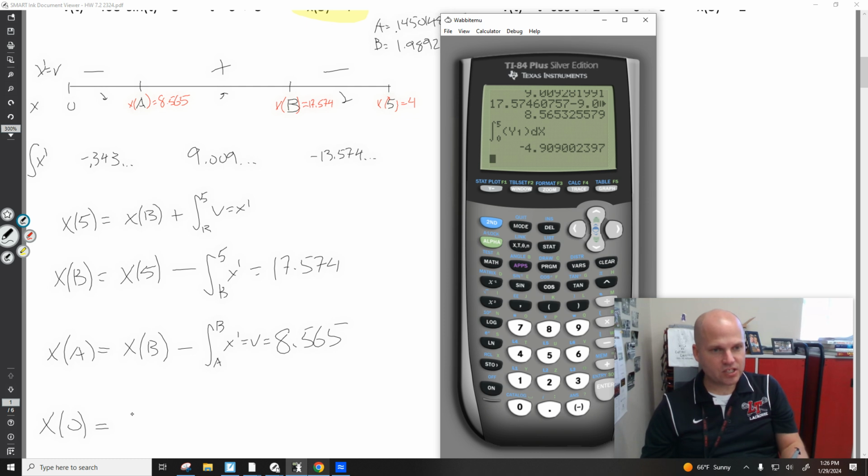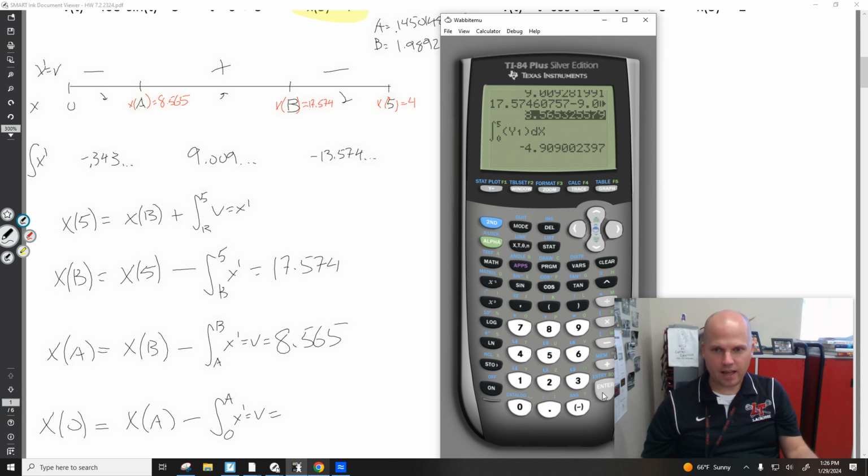X of 0 will equal x of a minus the integral from 0 to a. So if I want to, I can find my x of a, subtract the integral from 0 to a, which I found earlier, but it's easy enough to just repeat it.